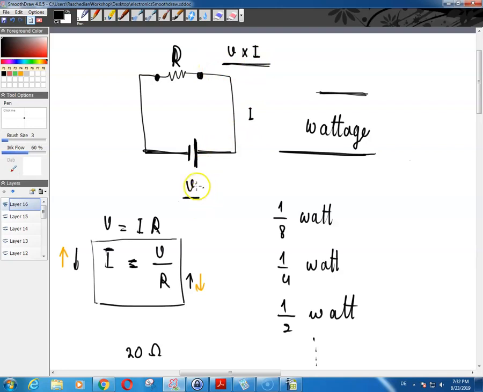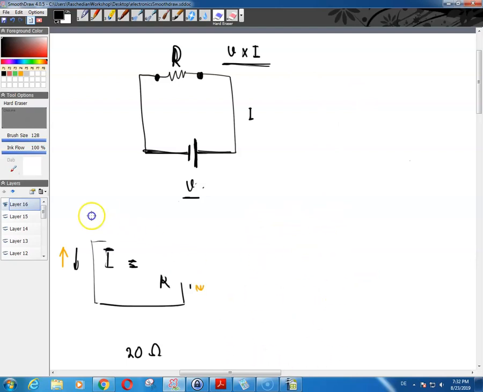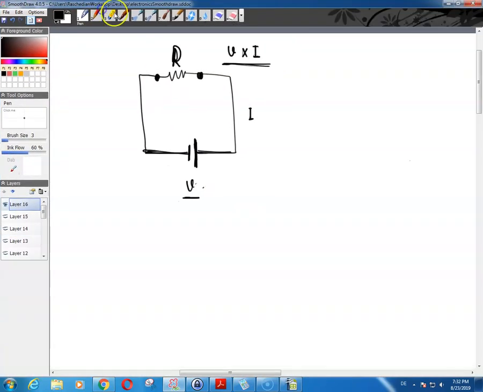Now suppose that you have this exact scenario over here. You have this resistor, let's say it's a 20 ohm resistor, so R is equal to 20 ohm, and your voltage is 5 volts.